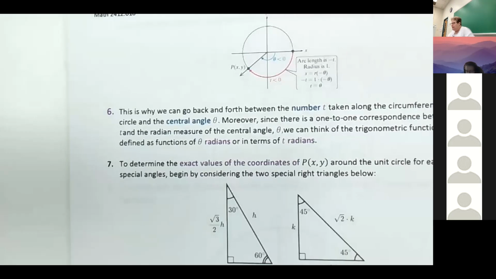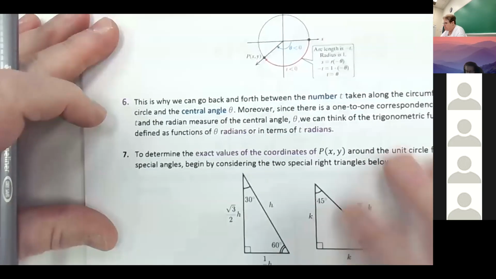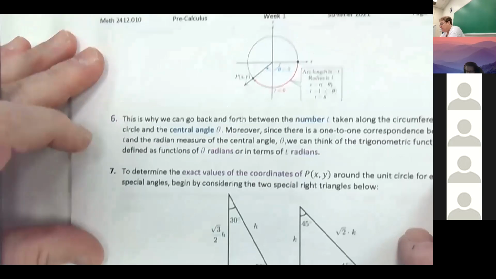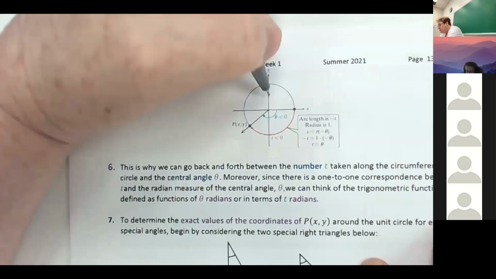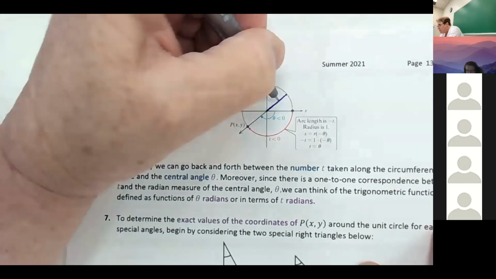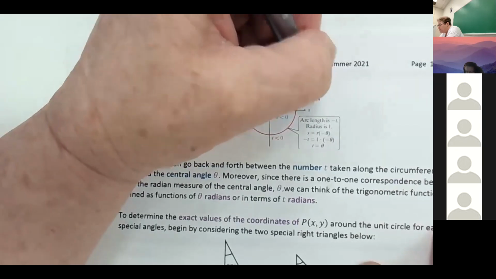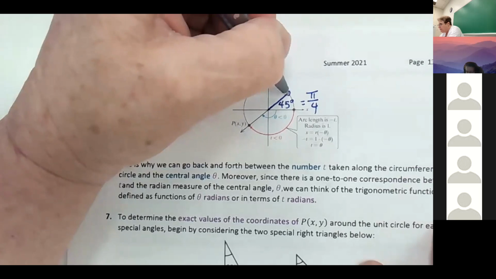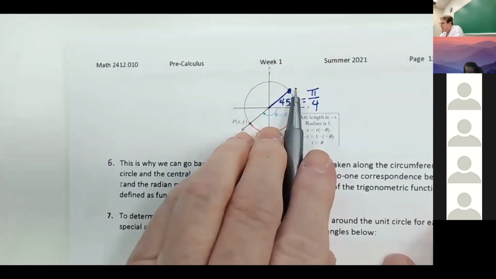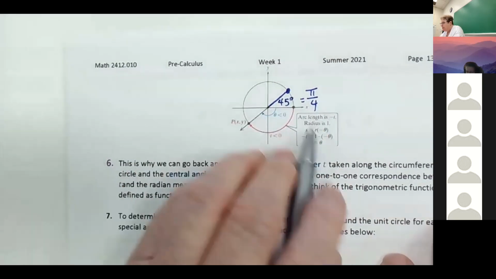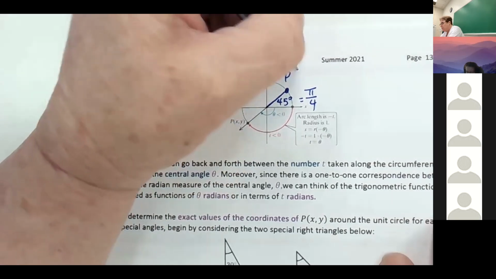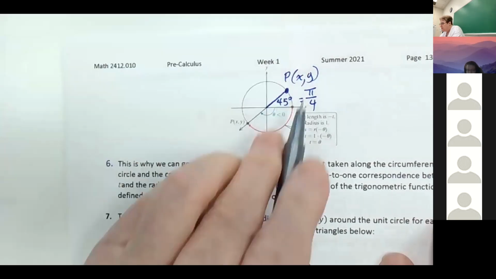So now what we want to do is get some special values. So we've got 45 degrees, which is pi over 4. And we want to find the point along the unit circle that corresponds to pi over 4.